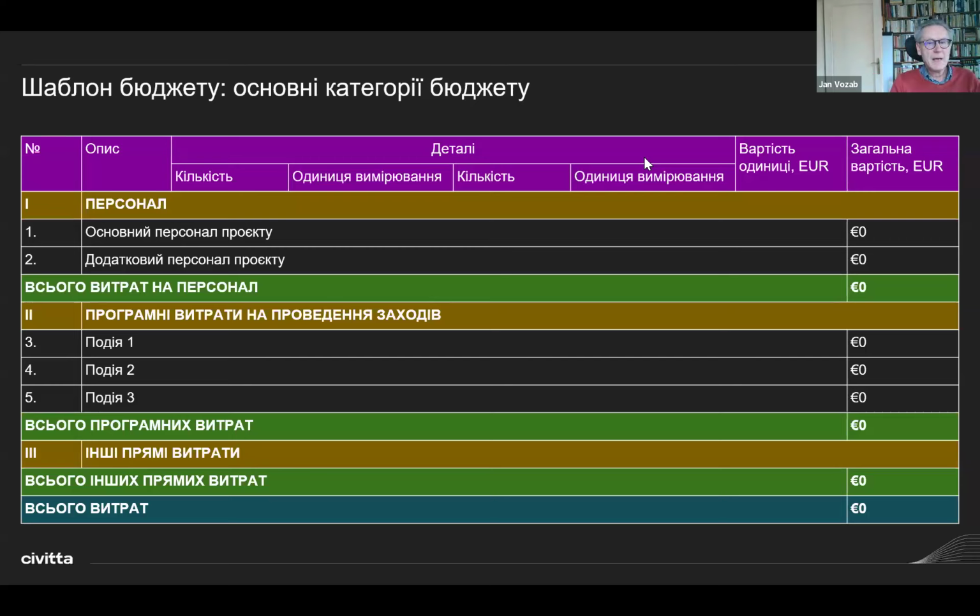So you may add more categories. It's up to you, actually. You needn't stick to just 2 categories which are prescribed here, but you should describe and calculate the costs of the project at least in these 2 categories.